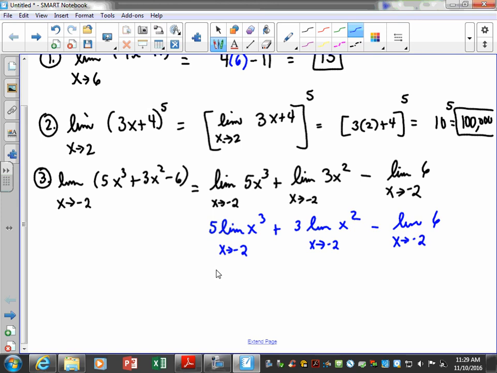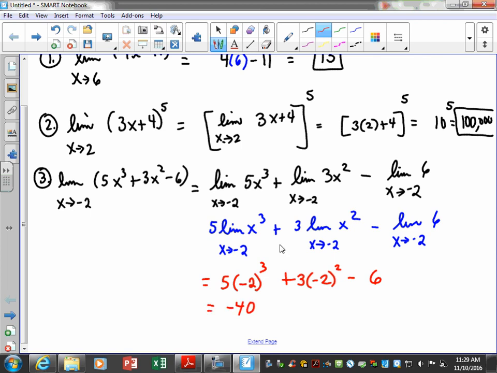Alright, now we're ready to evaluate this. Let me do it in a different color. So that's just going to give me 5 times -2 to the third power. Over here it's just going to be 3 times -2 squared and then minus 6. -2 cubed is -8, 8 times 5, so we get 40.